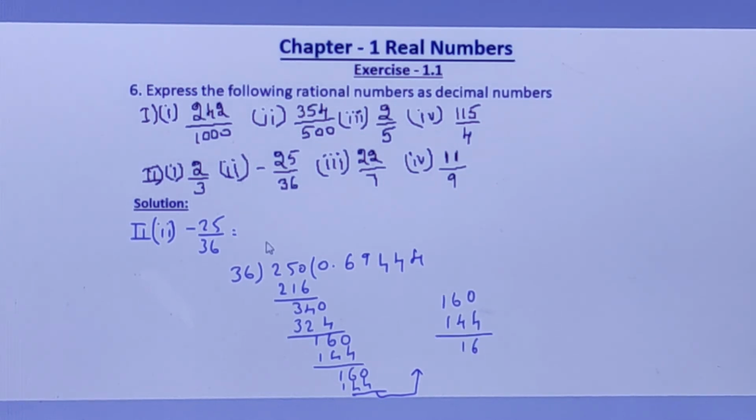So remainder 16 is getting repeated. So this is minus 0.6944, so on, which is nothing but minus 0.694 bar. Bar is on 4 because 4 is getting repeated.